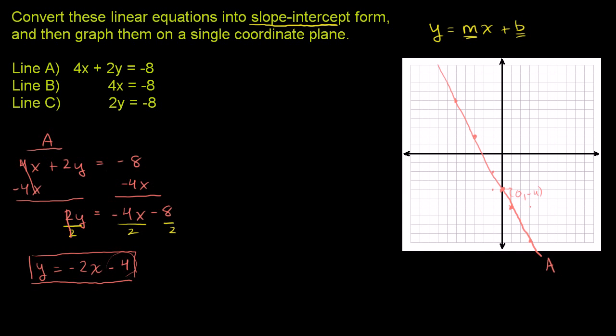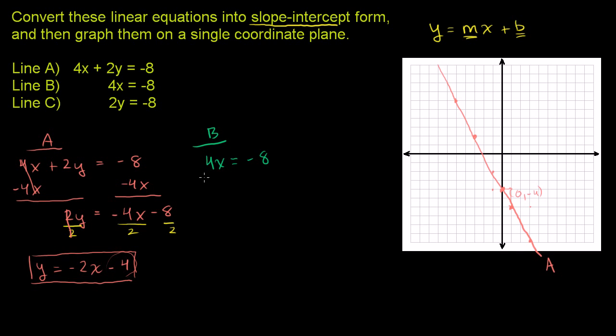All right, let's do line B. Line B, they say 4x is equal to -8. And you might be saying, hey, how do I get that into slope-intercept form? I don't see a y. And the answer is you won't be able to, because this can't be put into slope-intercept form, but we can simplify it.